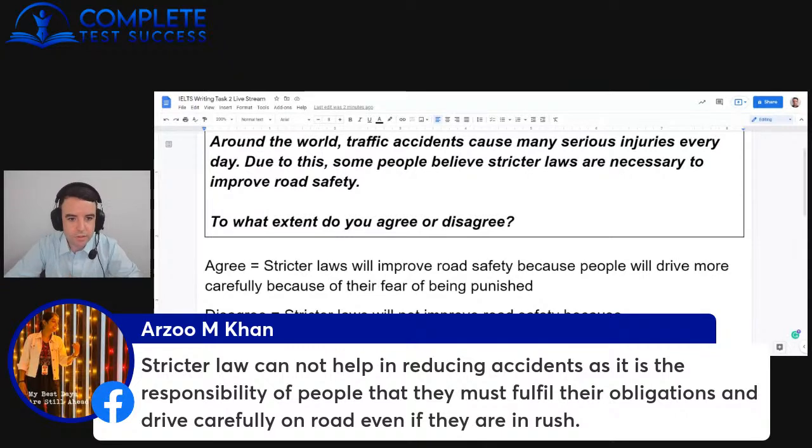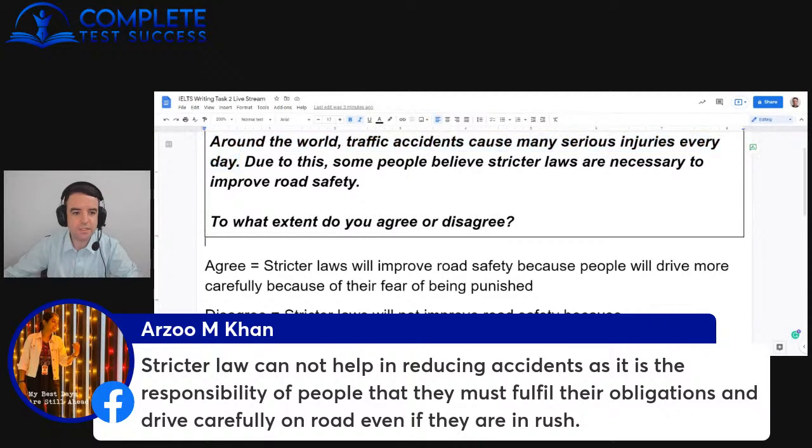Arzu: stricter laws cannot help in reducing accidents, as it is the responsibility of people that they must fulfill their obligations and drive carefully on the road, even if they're in a rush. But no, that's not relevant either, because you're not talking about the current situation. Traffic accidents cause many serious injuries every day.